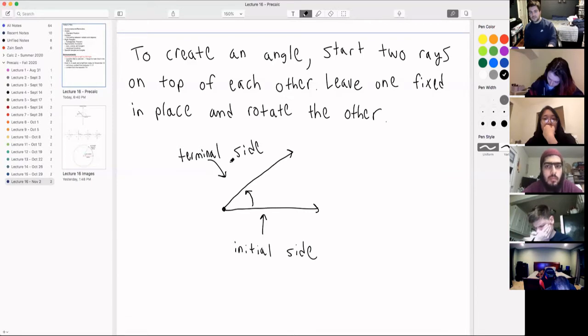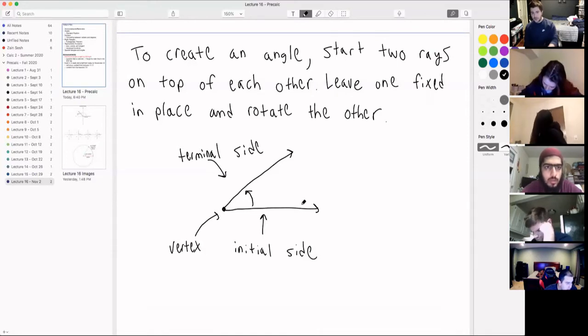Okay, initial side, terminal side, and this endpoint here again is the vertex. So the initial side stays put, and the terminal side is the ray that you rotate out to create your angle. So it's an intuitive way as to how angles are created.